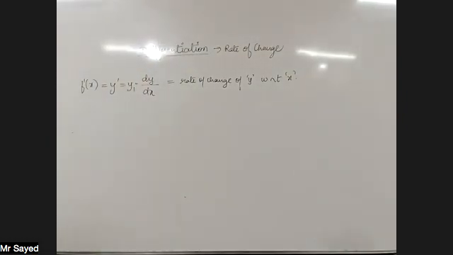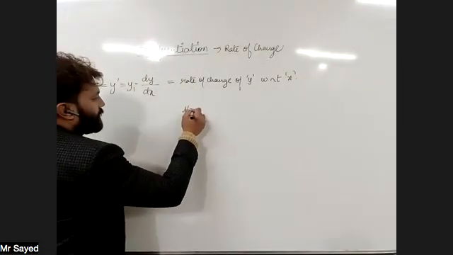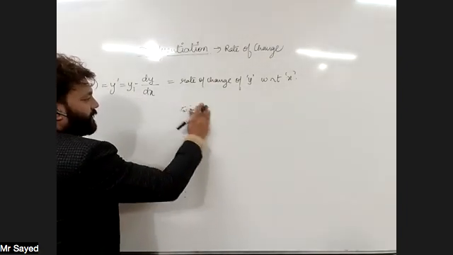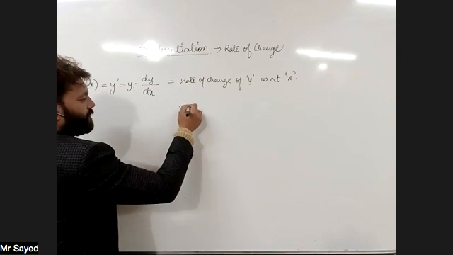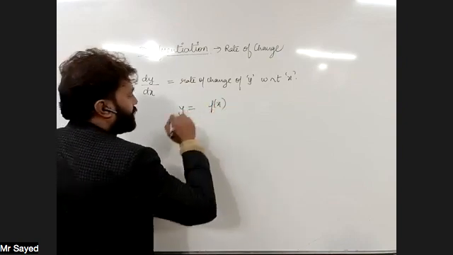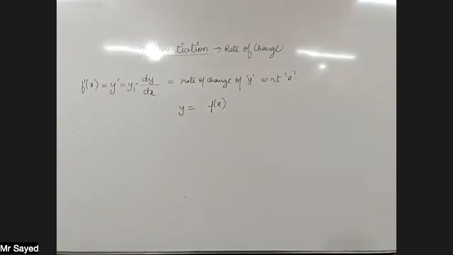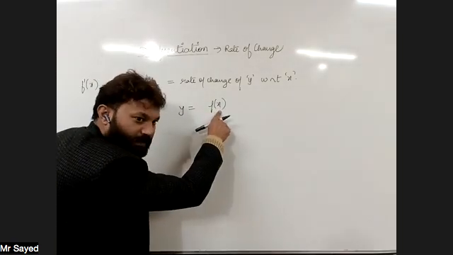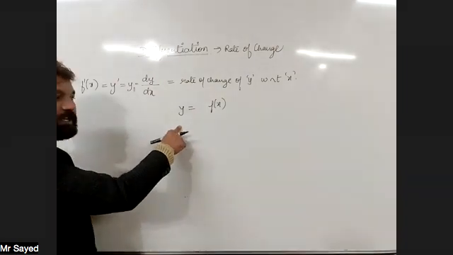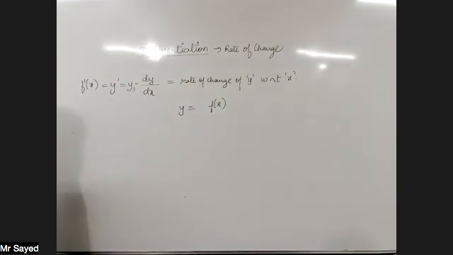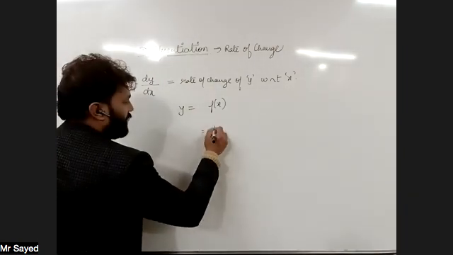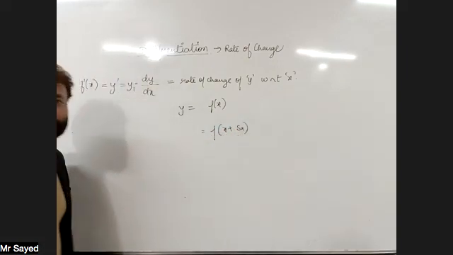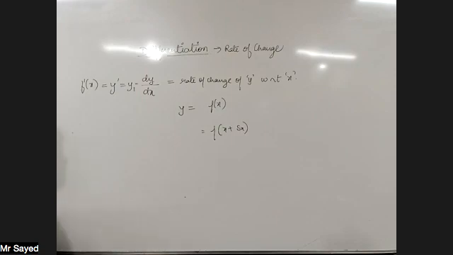Let me make it clear. Look, say for example, there is a function in terms of y. So y is equal to f(x). If there is any change in the value of x, there will be a corresponding change in the value of y. That is, if it becomes x plus delta x in place of x.